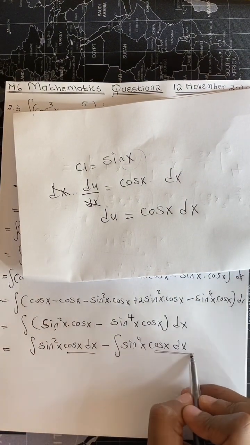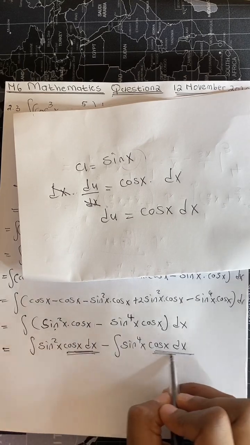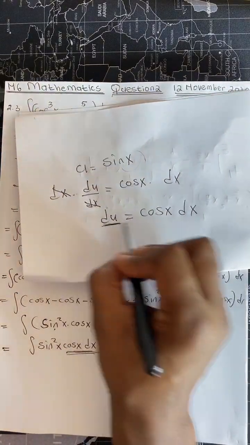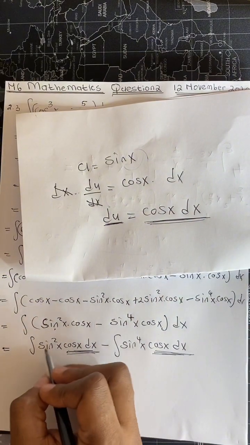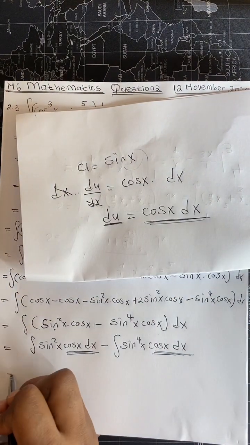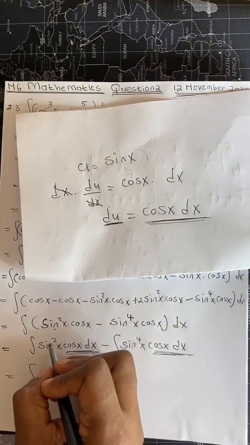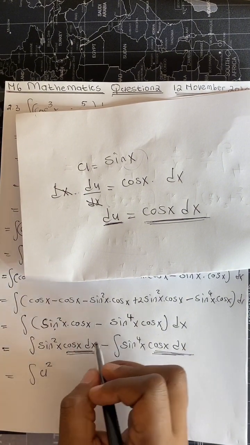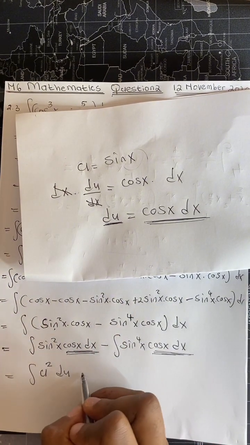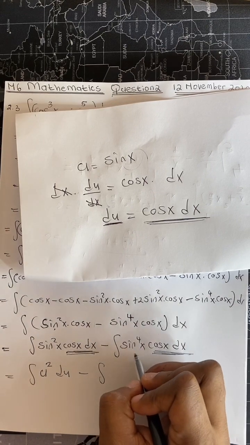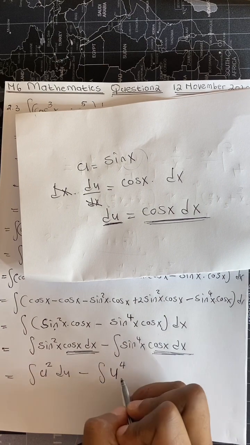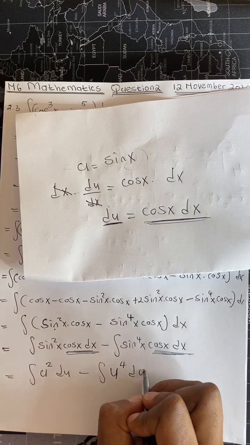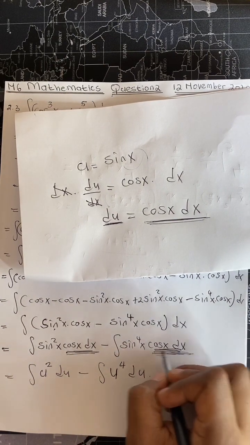So in the place of these two cos x dx, we will just substitute du, and in the place of the sine we substitute u. But the sine there is squared, so you also square the u. In the place of this we substitute the du, minus the integral, so sine, we replace it with u, raised to the power 4, and du in the place of cos x dx.